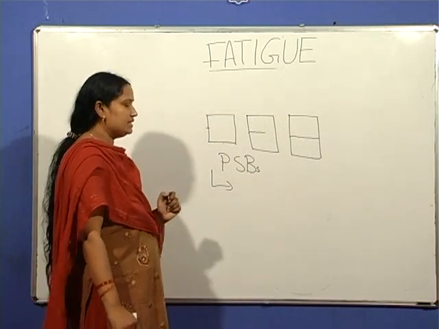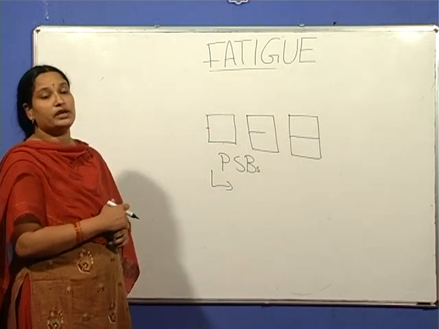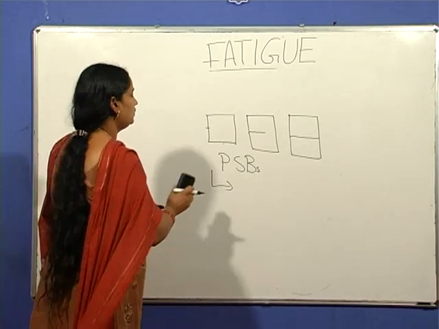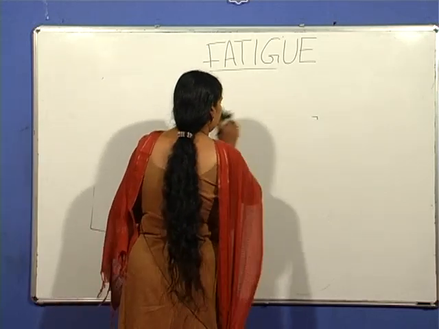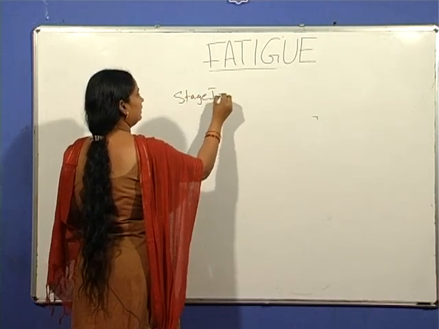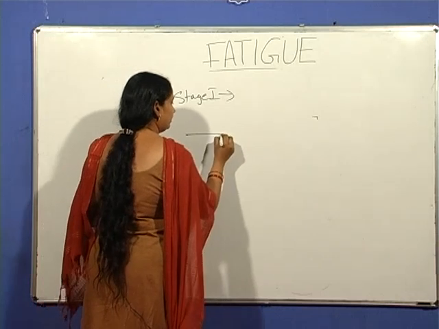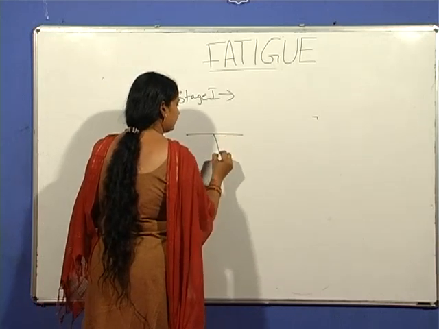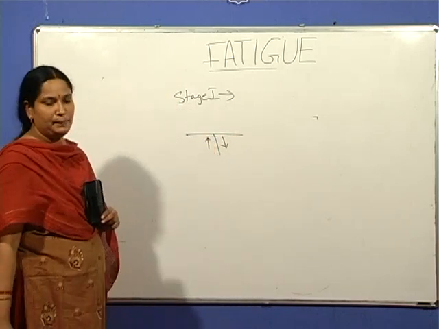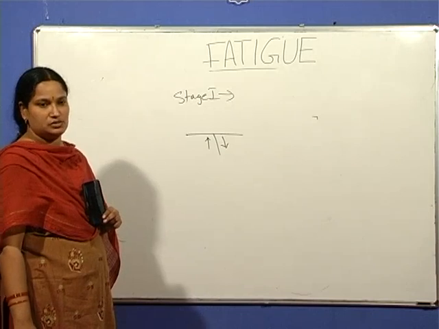Now we shall see the different stages in the case of fatigue crack initiation and propagation. Stage 1 is the fatigue crack initiation stage, where the crack initiates at the slip bands due to the formation of intrusions and extrusions.